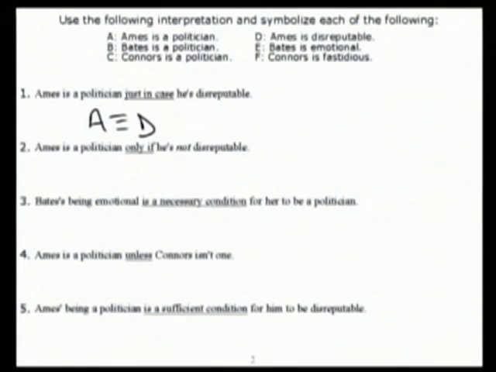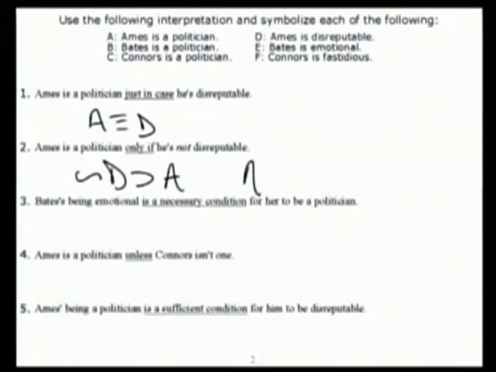All right, now then, how about 2, Sam? What'd you do for 2? Not D implies A. Yep. What do you have to say about that, folks? A implies not D. Okay.